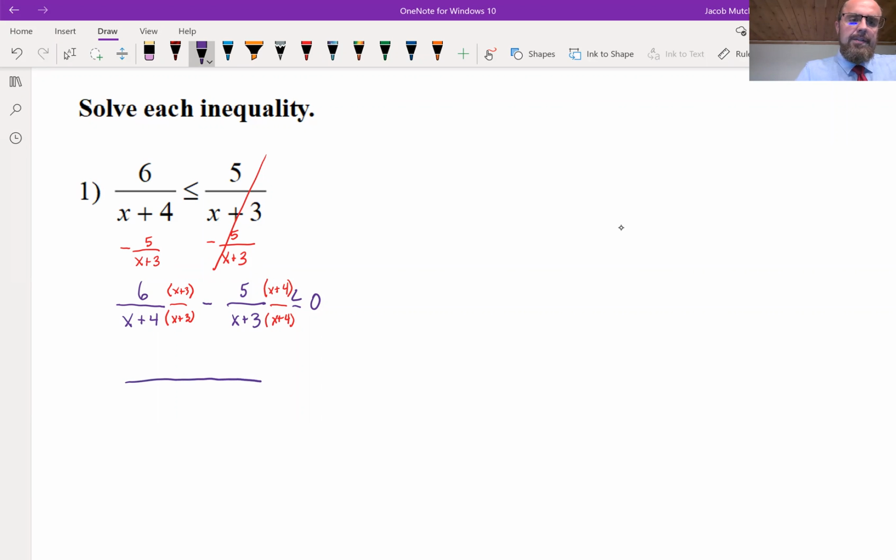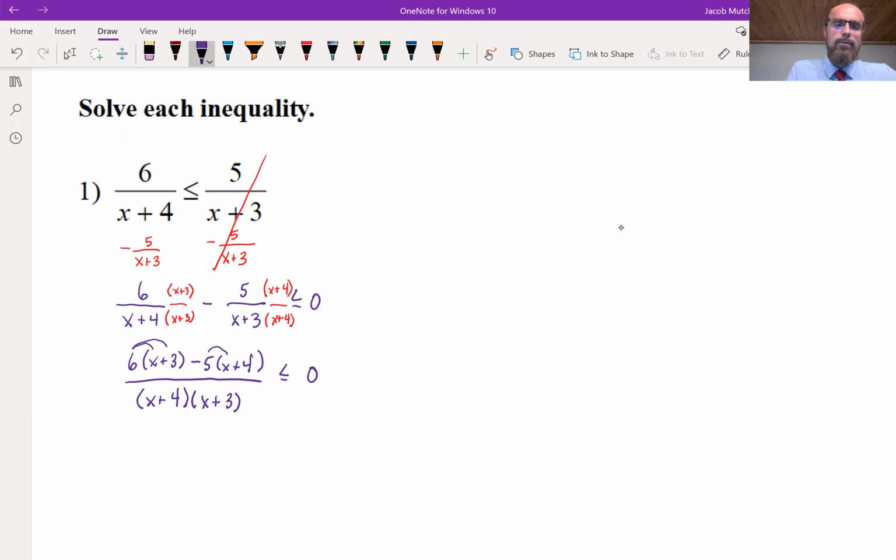Now that I've got this as x plus 4 times x plus 3, I'm going to put my numerators all together. So this is 6 times x plus 3 minus 5 times x plus 4. And then to make this easier to deal with when I go to treat it as a function, I want to combine like terms in my numerator. I also need to distribute before I do that.